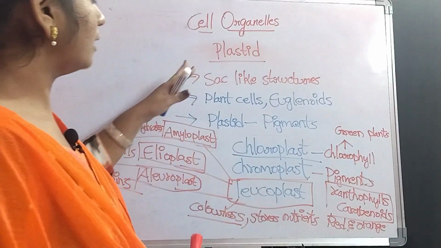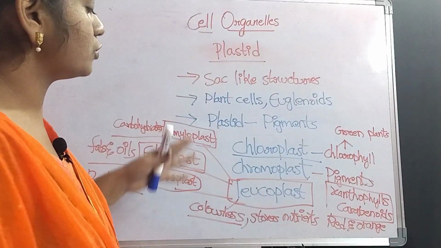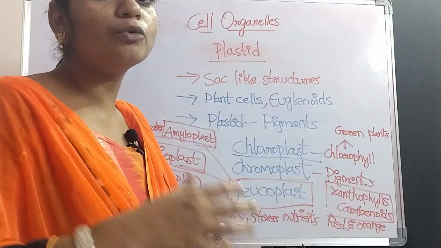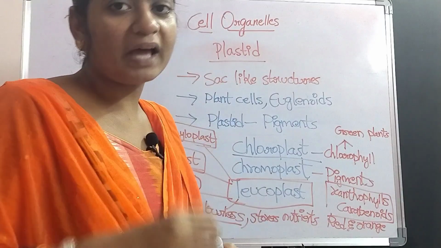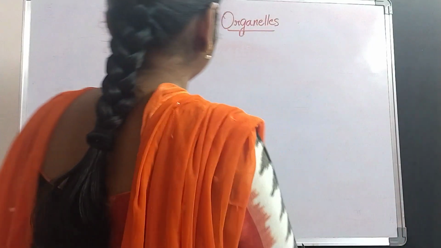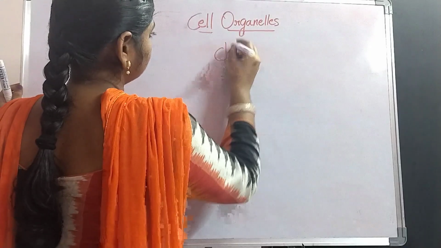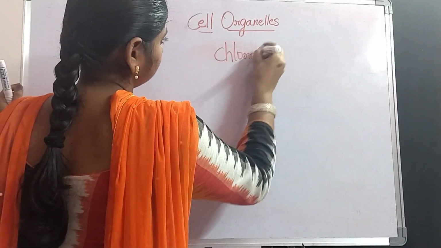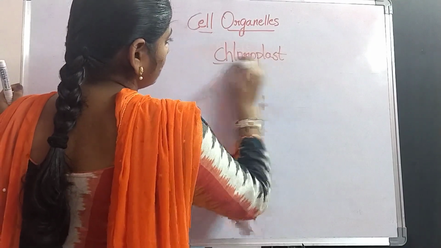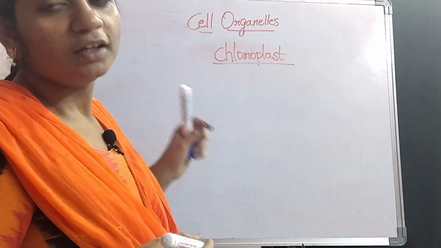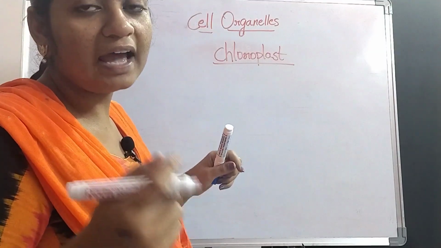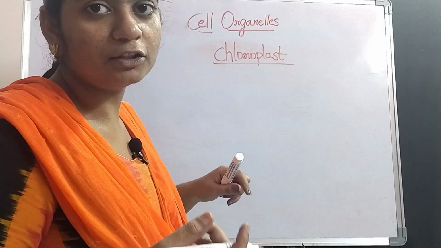Okay, this is about the complete structure and the functions of the plastids. And now we are going to deal with the chloroplast structure in detail. Already we have discussed that the chloroplast contains a pigment called chlorophyll which promotes the green color in plants.